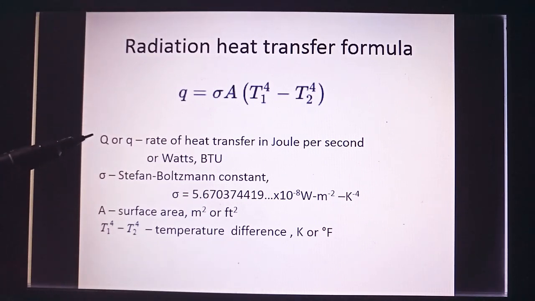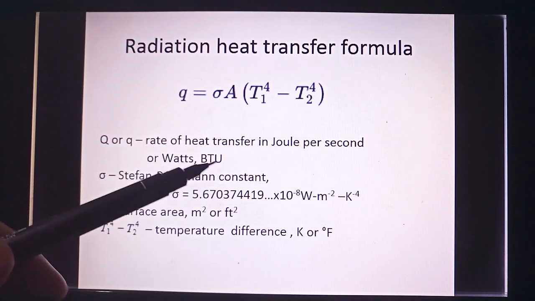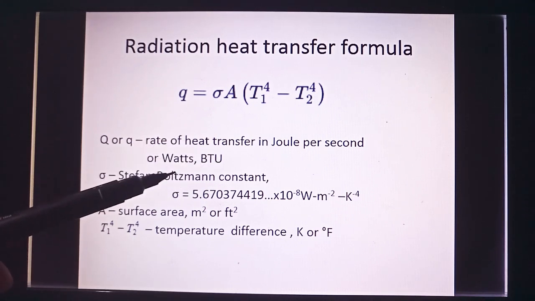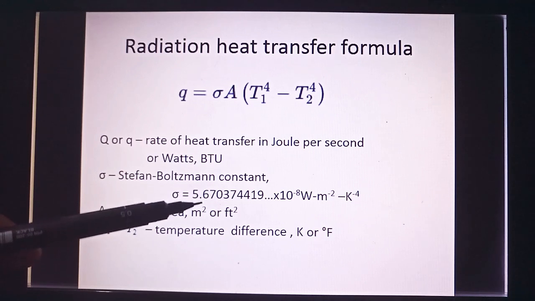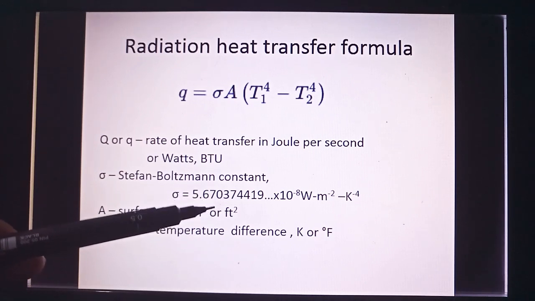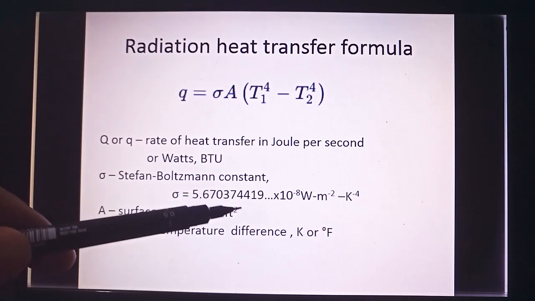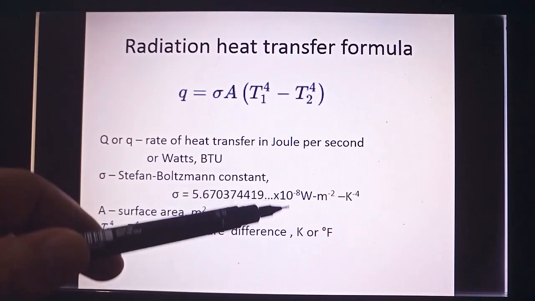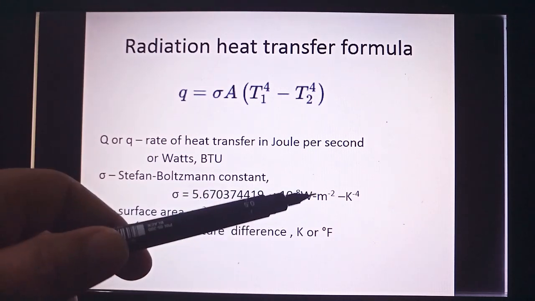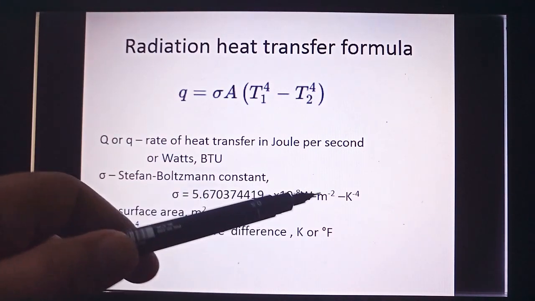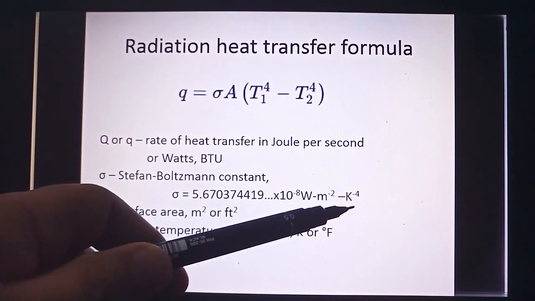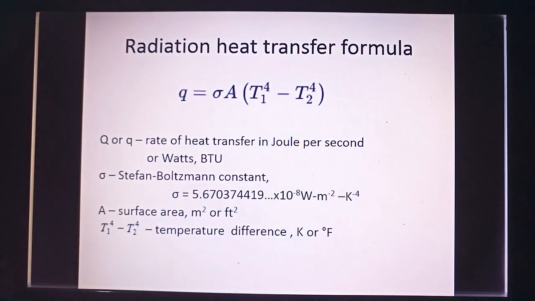Q is the rate of heat transfer in joules per second or watts. In English units, we have BTU. And this one is the Stefan-Boltzmann constant, which is equivalent to 5.6703744419 times 10 to the negative 8 watts per square meter per Kelvin to the fourth.